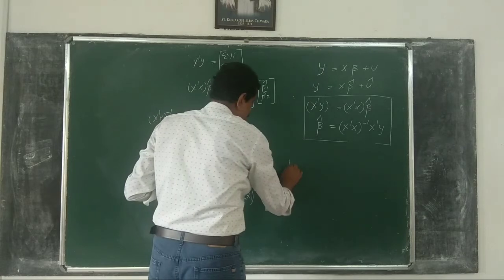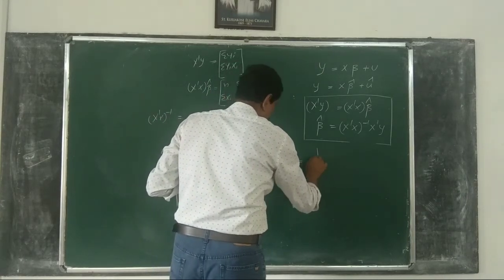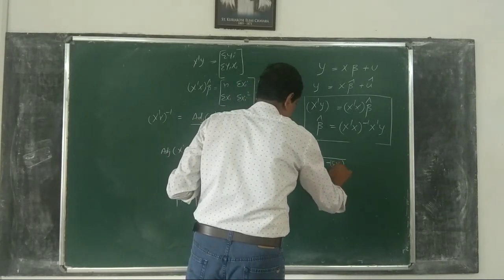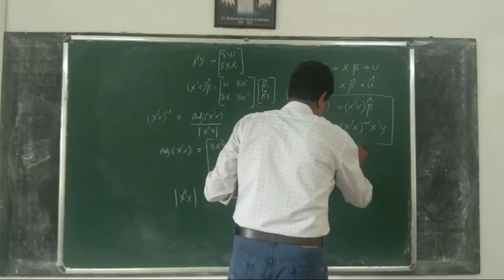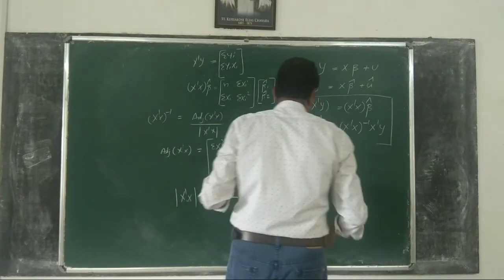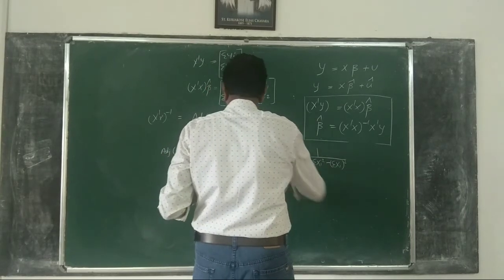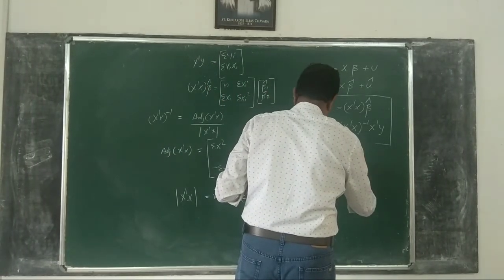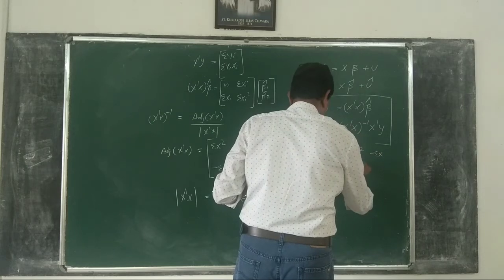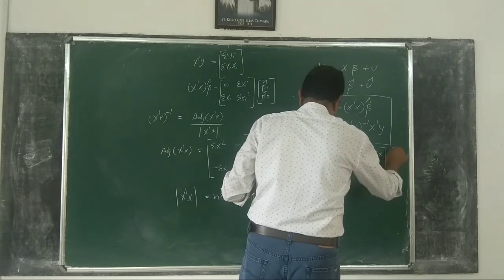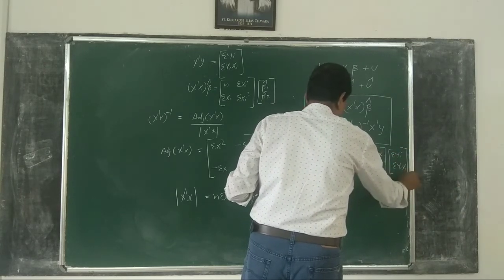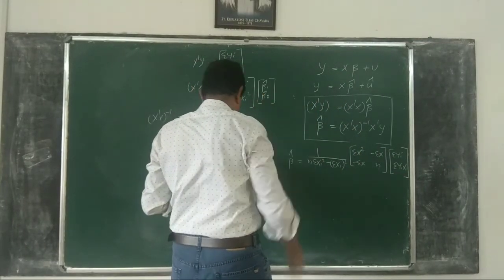So, what is beta hat? Beta hat is equal to 1 by the determinant, n into sigma xi square minus sigma xi the whole square, into X transpose X inverse, that is into the adjoint of X transpose X, which is sigma x square, minus sigma x, minus sigma x, n, into X transpose y, sigma yi, sigma yi xi.